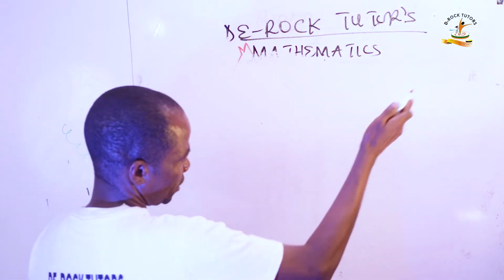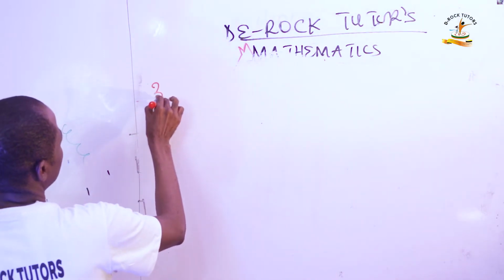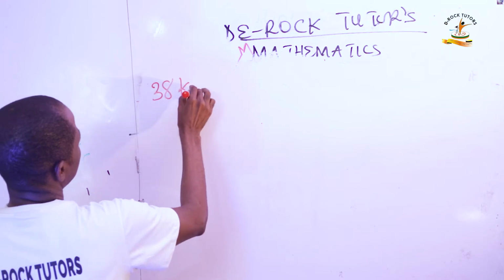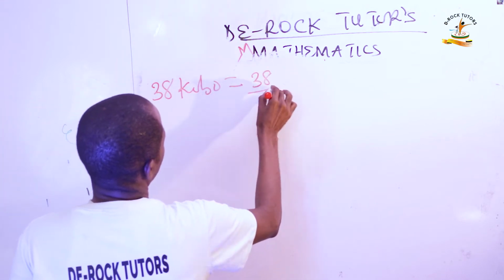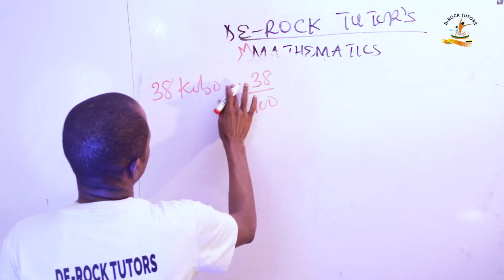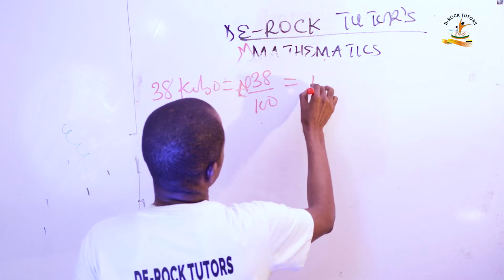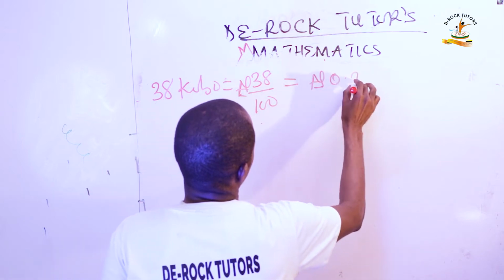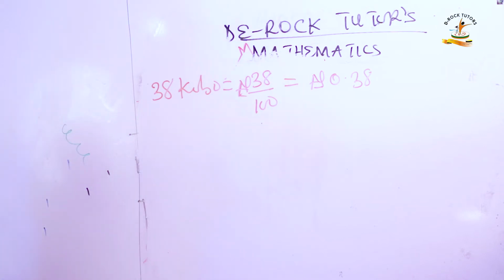All we have to do is convert the 38 kobo to naira. 38 kobo will be equal to 38 over 100 naira, and that will give us 0.38 naira. That's the very first thing we have to do.